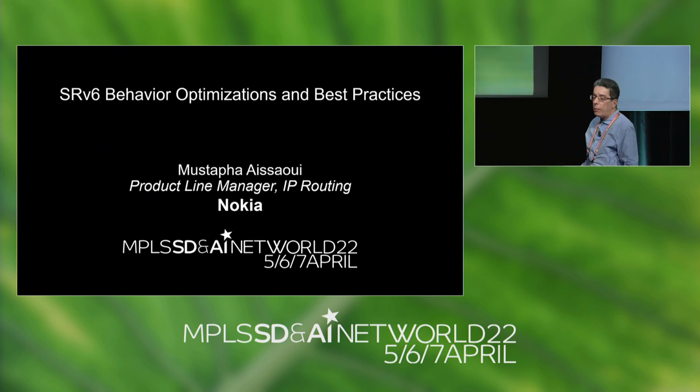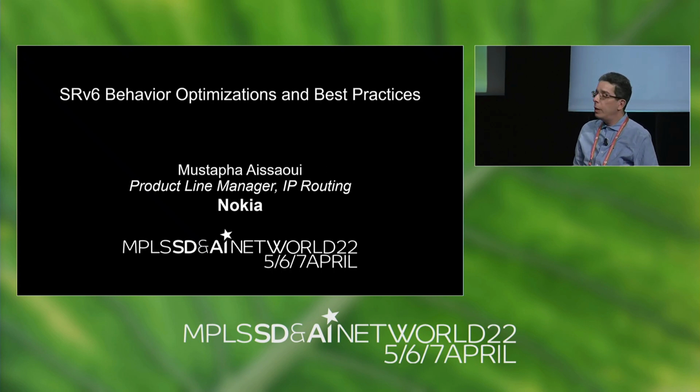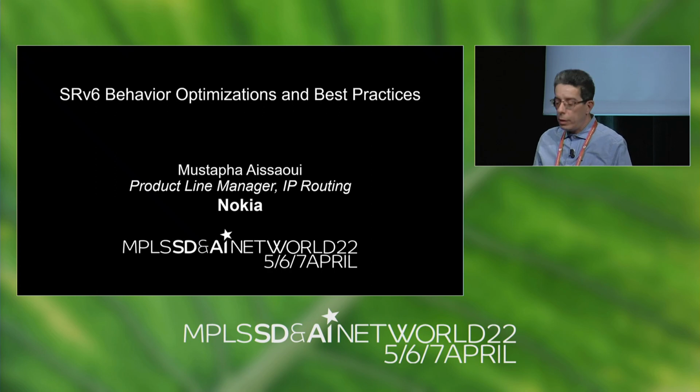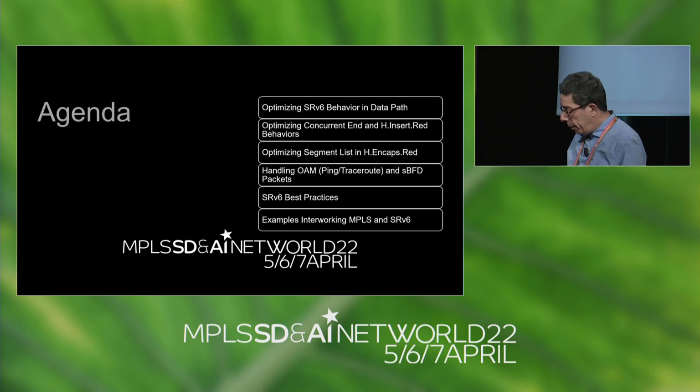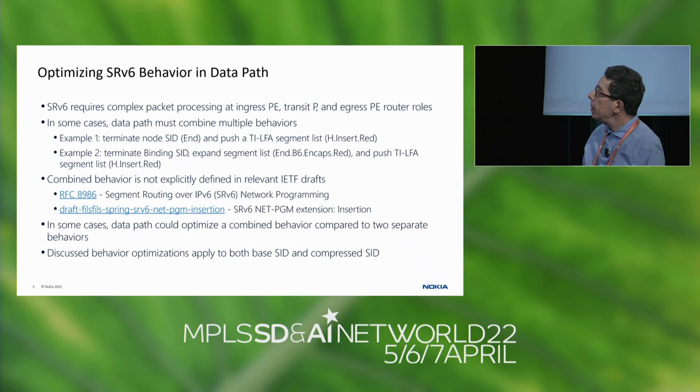What I'm going to talk about is a few cases of SRv6 behavior optimization that I wanted to bring up. And I also completed the presentation with a number of best practices to deploy SRv6. This is the outline, so we'll go through each of these items now. First of all, obviously we know SRv6 requires some complex packet processing, whether at the ingress PE, at the transit P router, or at the egress PE.